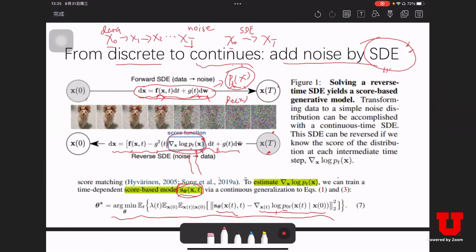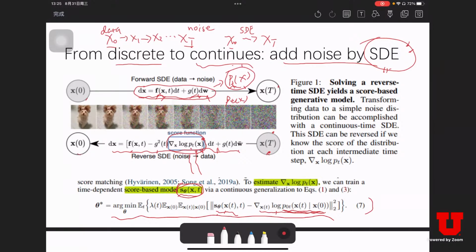So given the SDE, you can use some method to write down the numerical or analytical results for these things. Then you use this neural network to match them, and you solve this function to minimize something like the f-divergence of your scores, the score matching, and then you get S. With this SDE, you get a generative model, and then from here to X0.